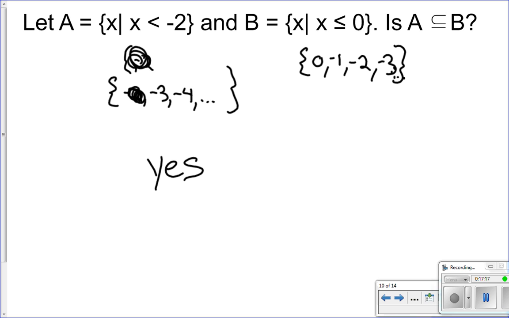Because all the elements of A are negative 2, negative 3, negative 4, negative 5, negative 6, negative 7, negative 8. Sorry, negative 2 is not included in this. That's why I scratched it out, because it's less than negative 2. Set B contains 0, negative 1, negative 2, negative 3, negative 4, negative 5, negative 6, negative 7. So everything from set A is contained in set B, so the answer is yes, it is a subset.